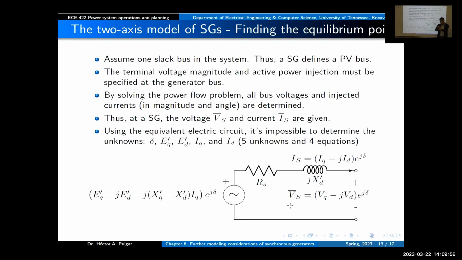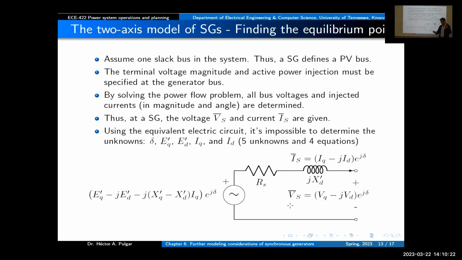Okay, so this machine is going to be connected to the grid. So what we're going to do at this point of this course, we're going to still work with a system that has an infinite bus, okay? Because that will simplify our analysis. Let's assume we have a slack bus in the system.